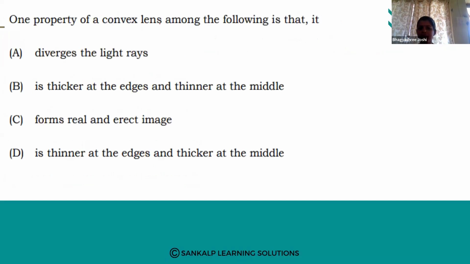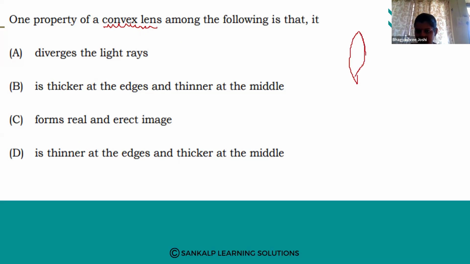One property of a convex lens among the following is: it diverges the light rays; it is thicker at the edges and thinner at the middle; forms a real and erect image; it is thinner at the edges and thicker at the middle. Yes, my dear students, the property of a convex lens they have asked. So a convex lens is like this.